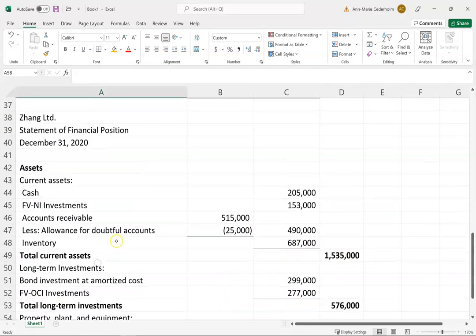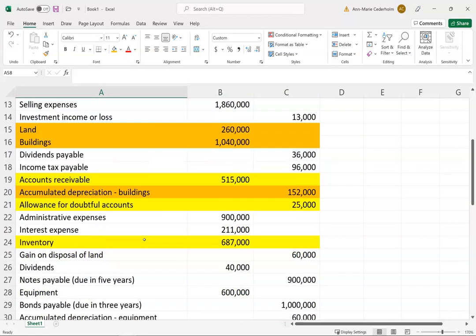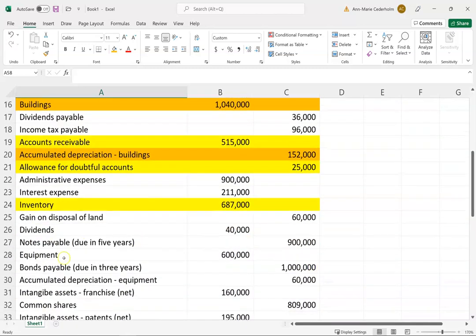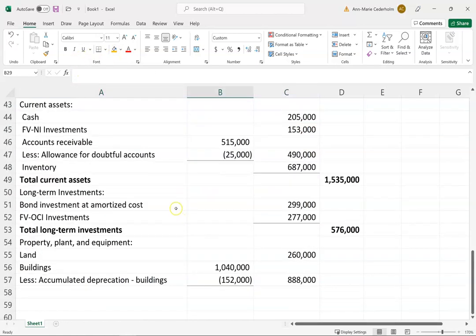Okay, let's go hunting for some more. Thought I saw equipment in here. Okay, here's equipment. And then I'm assuming there's accumulated depreciation equipment. So I'll grab those as well and I'll put them down.